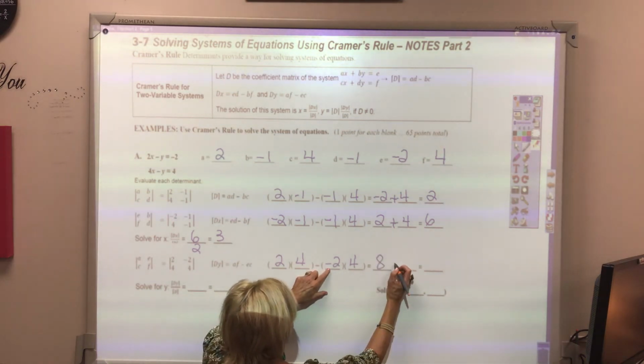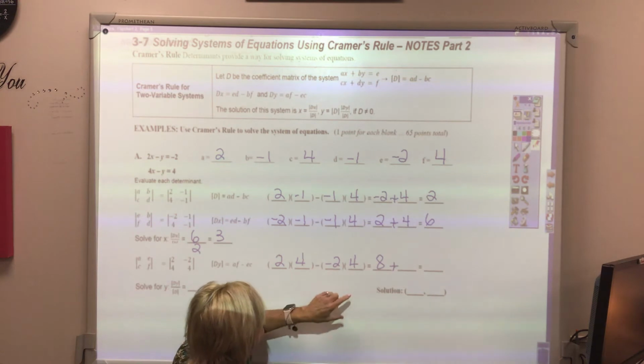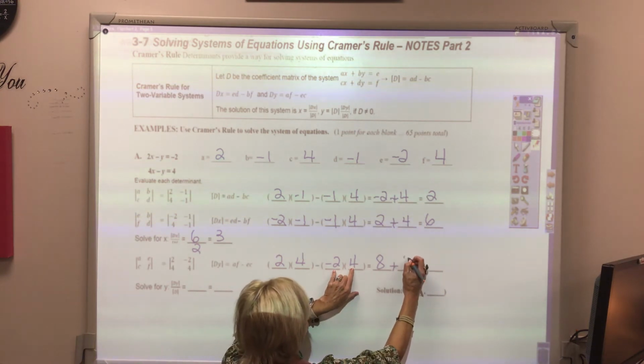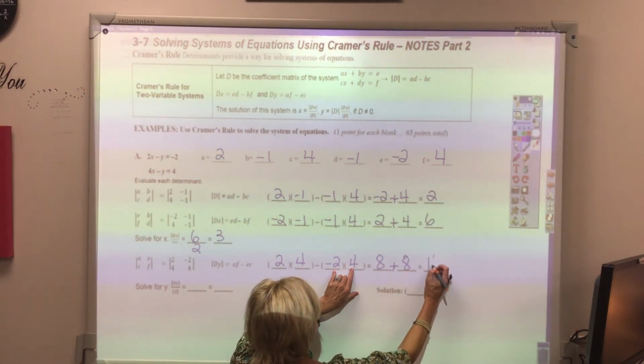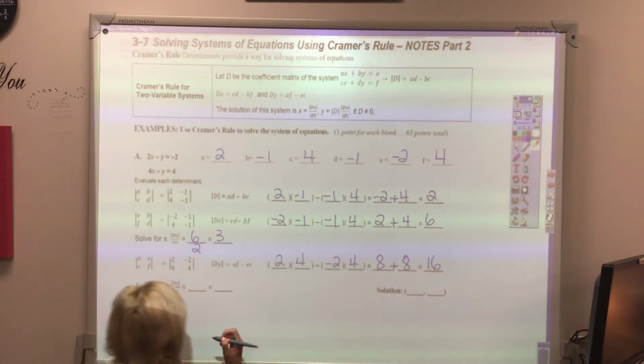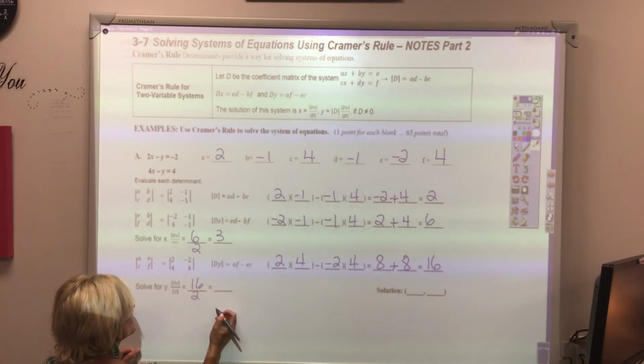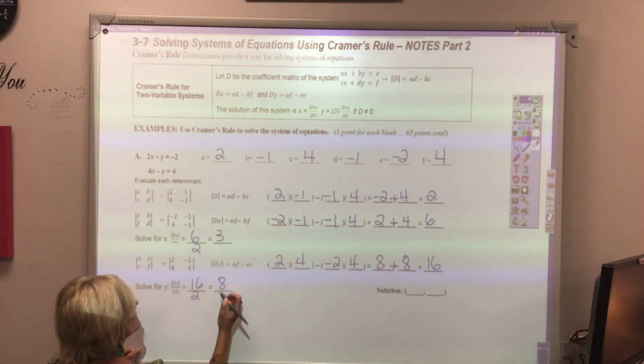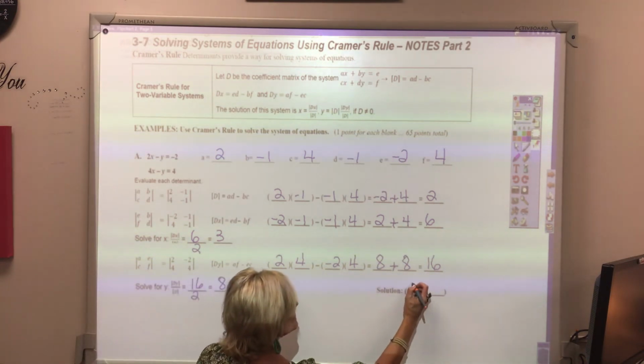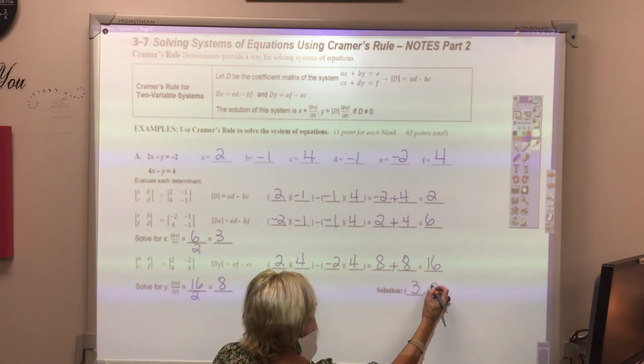Minus a negative is going to be plus, and we've got 8 again, which is 16. You take 16 divided by 2, and we get 8. So our solution is 3, 8.